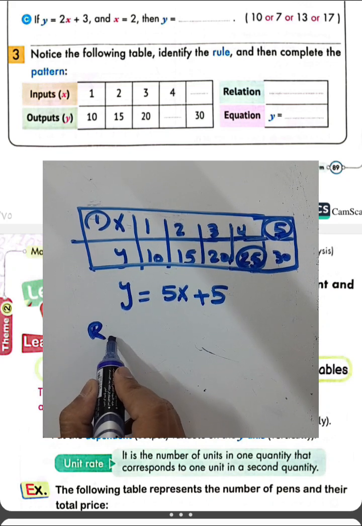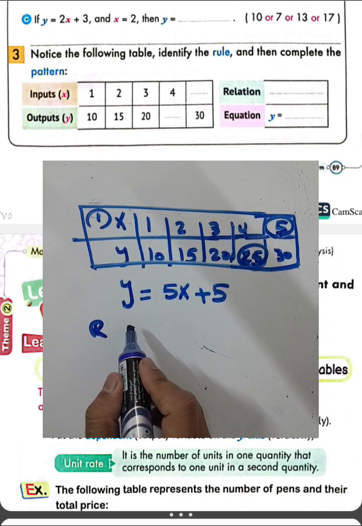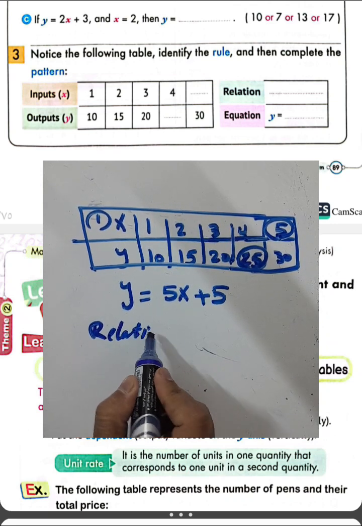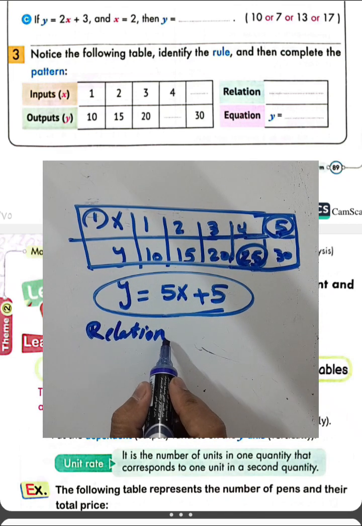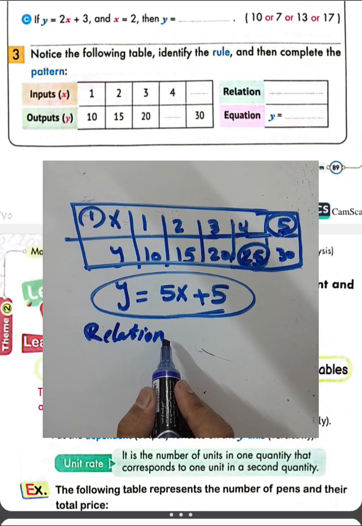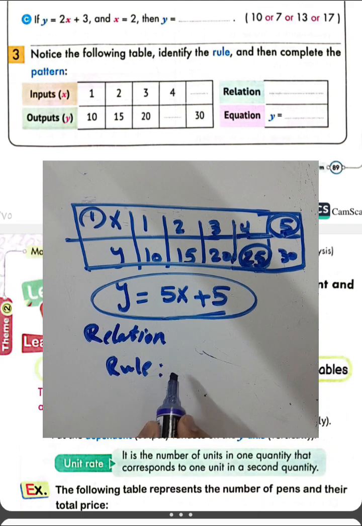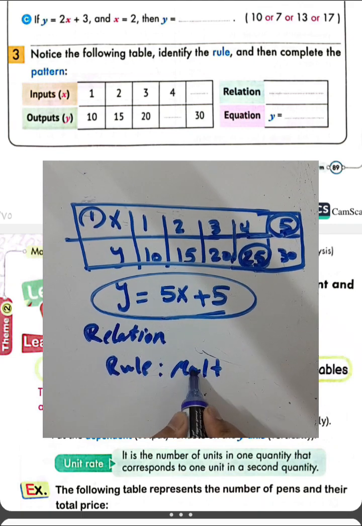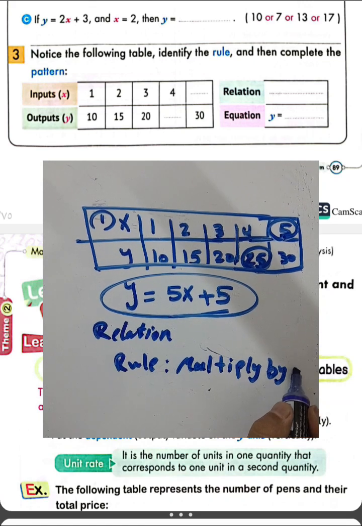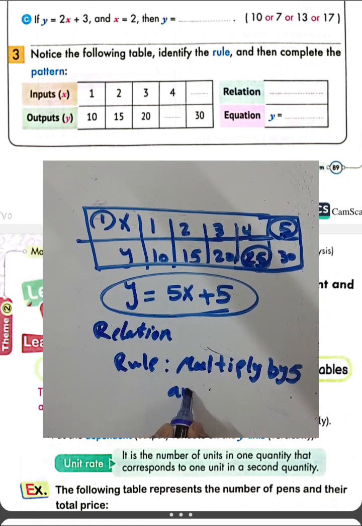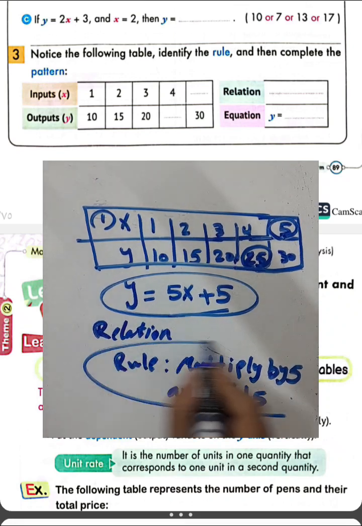We have the relation here between them. The relation is y equals 5x plus 5. Or we can state the rule. The rule here is multiply by 5 and add 5.